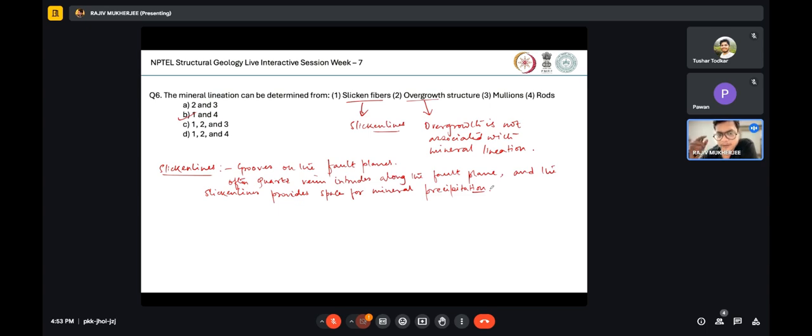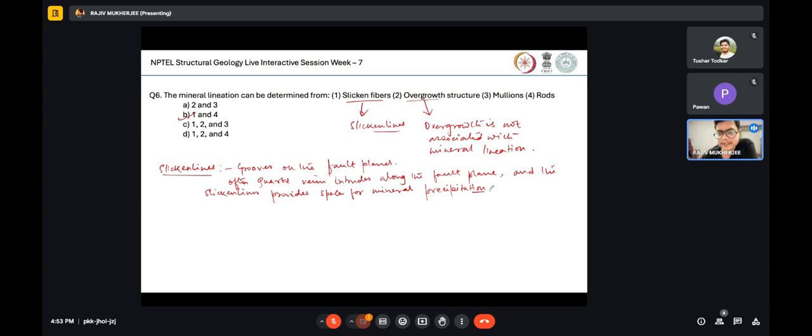Of course, the non-penetrative nature of these slickenlines has helped us in terms of economic viability, because having a fault plane narrows down the existence of minerals like copper deposits and gold deposits.